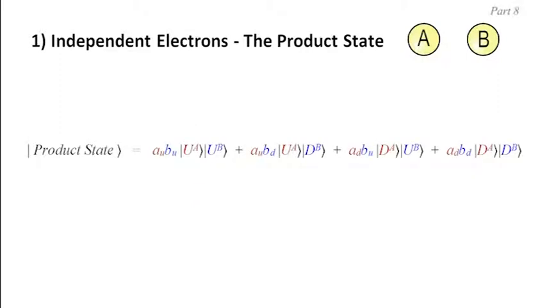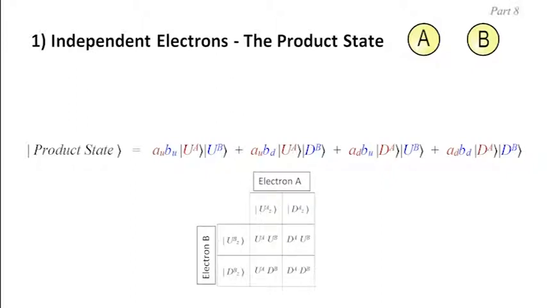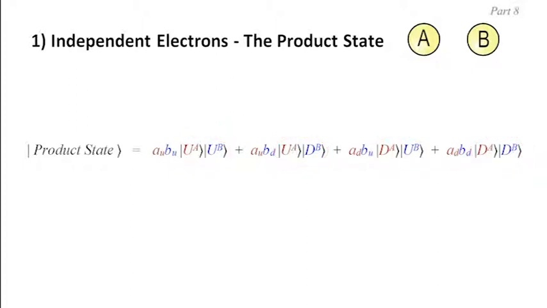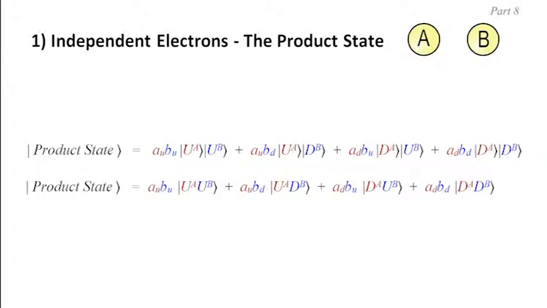However, if you remember how we formed our new four-dimensional basis of states from the cross-tabulation of the other two, it should be obvious that these products of the two old basis states are the new basis states of our four-dimensional Hilbert space. This means we can rewrite them so that this product state can be written like this.